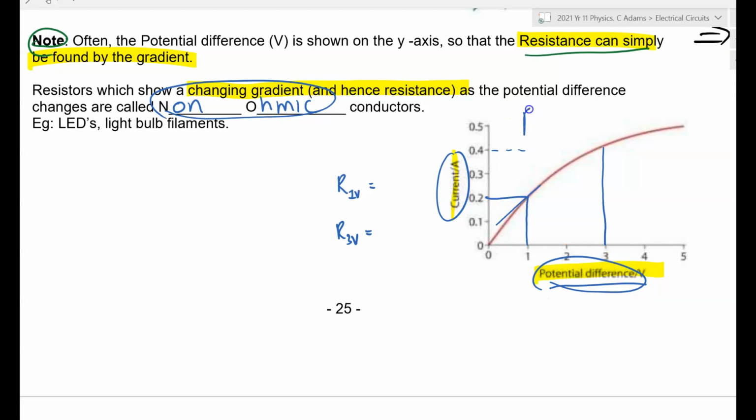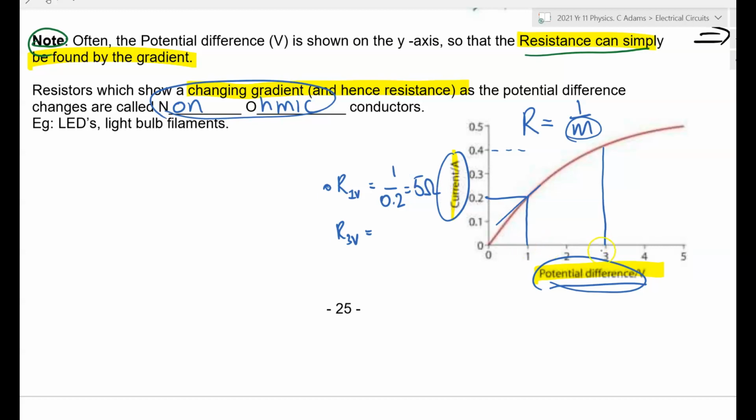So our resistance is the inverse of the gradient. Remember, M is for gradient. Y is equal to mx plus c. If we look at it at 1 volt, our current is 0.2, so we have 1 over 0.2. Remember, it's the inverse of the gradient. So what have we got? 5 ohms.